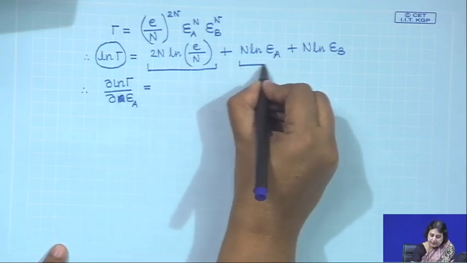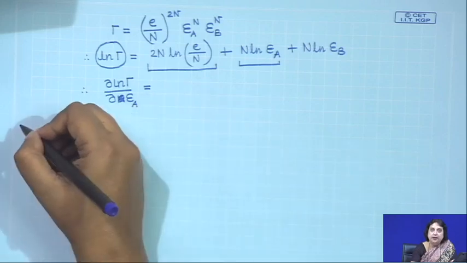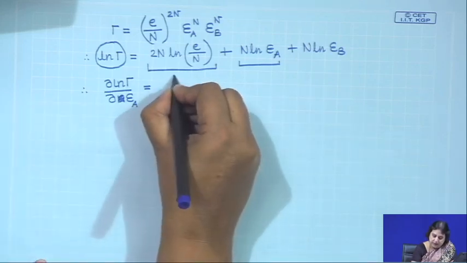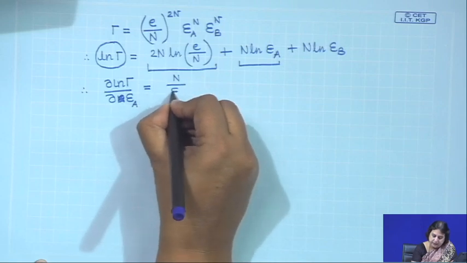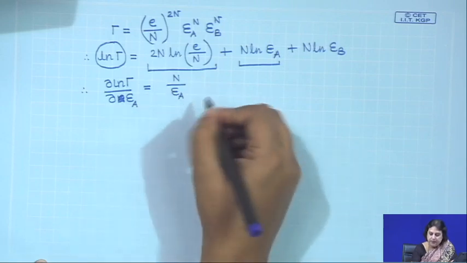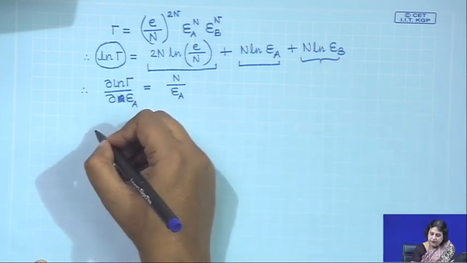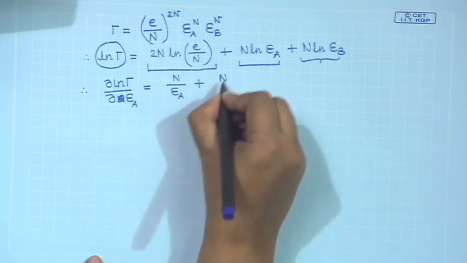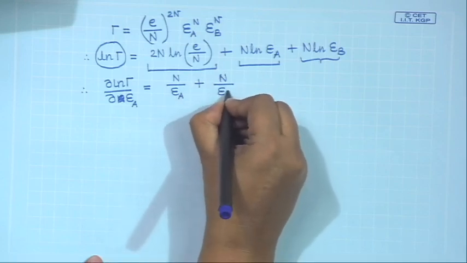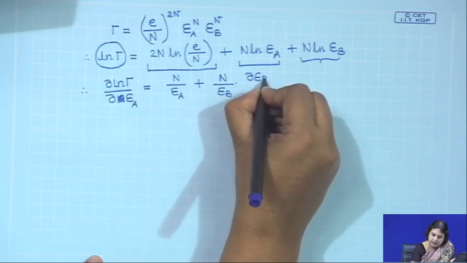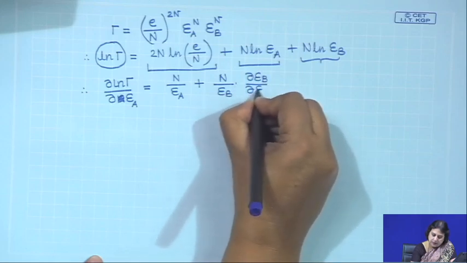Now, look at this term. When a derivative is taken with respect to epsilon a, it will give me capital N by epsilon a. Now, what about this term? When I take a derivative with respect to epsilon a, I am left with capital N by epsilon b into del epsilon b by del epsilon a.